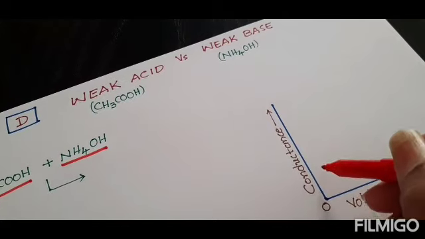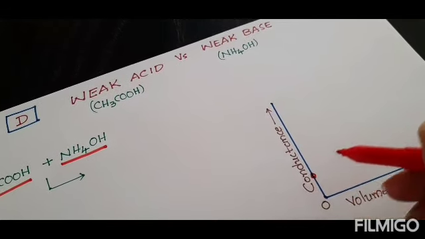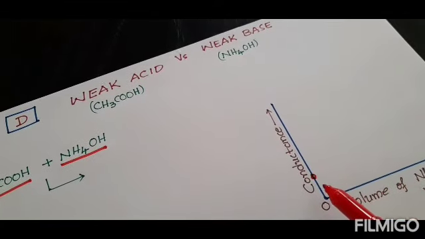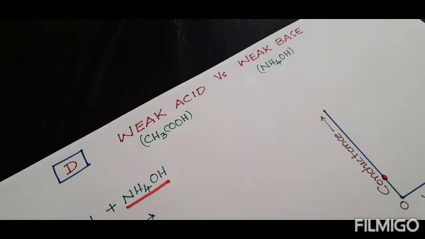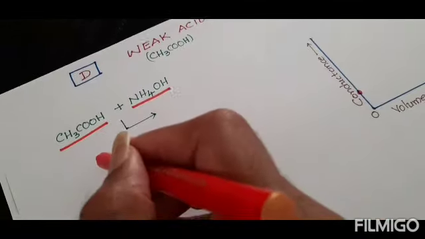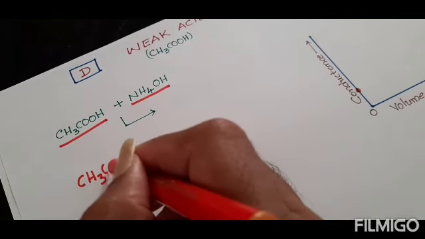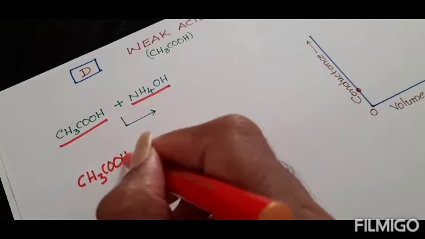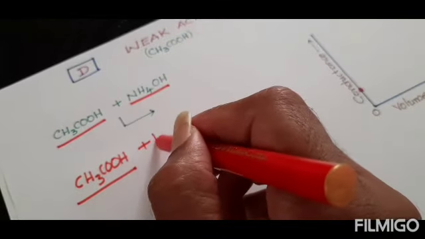That means the conductance of the CH3COOH is very low. On the y coordinate I am representing it nearer to 0. It represents lower conductance. To the system of CH3COOH, I am adding NH4OH.